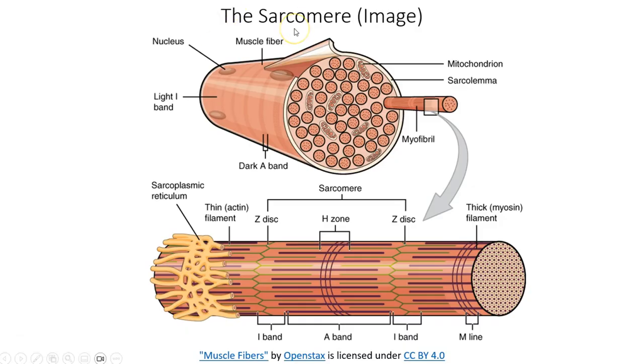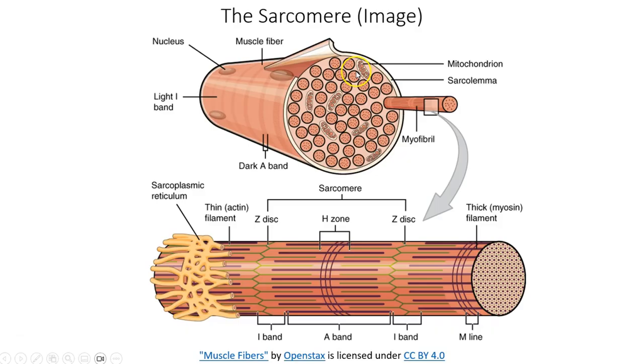So this is what a sarcomere looks like with our graphical representation. And so here we've got that entire muscle fiber. Right here we've got those multiple nuclei scattered throughout, and then we can see here in this diagram that lined appearance, that striated appearance that I've mentioned before and we just didn't get to see very well in the microscope image.